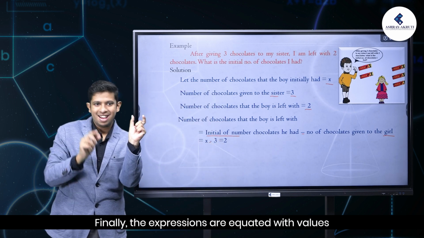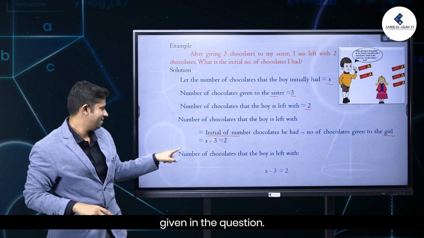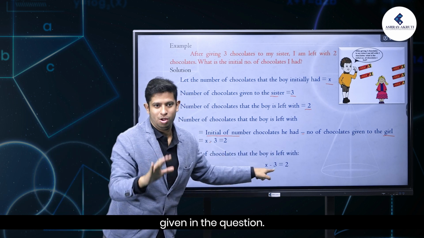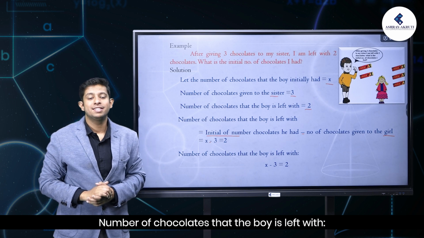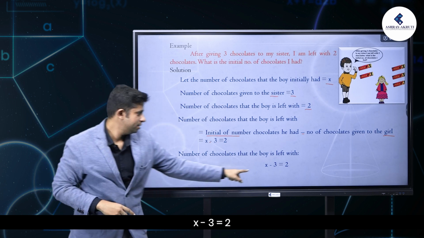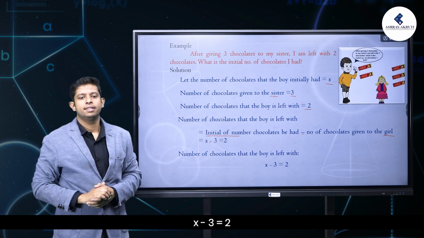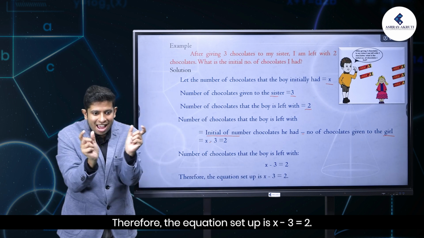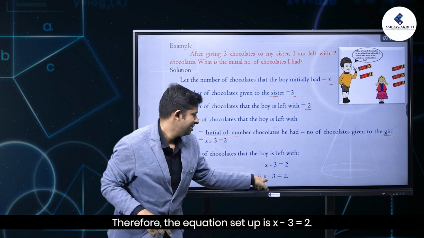Finally, the expressions are equated with values given in the question. Number of chocolates that the boy is left with, x minus 3, is equal to 2. Therefore, the equation setup is x minus 3 is equal to 2.